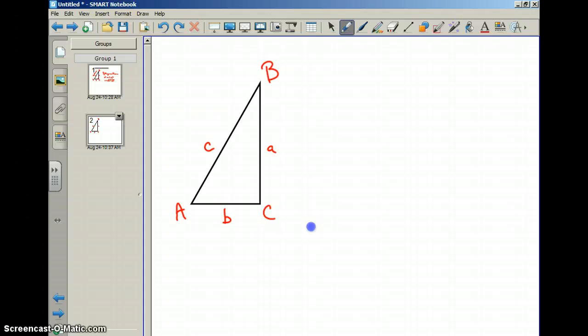The definition of the sine of angle A, and we'll use A here only as an example. Many times in physics, the angle that we want to work with would be designated by the Greek letter theta.